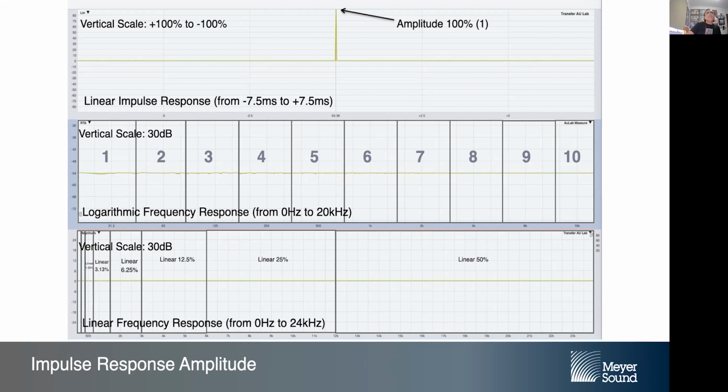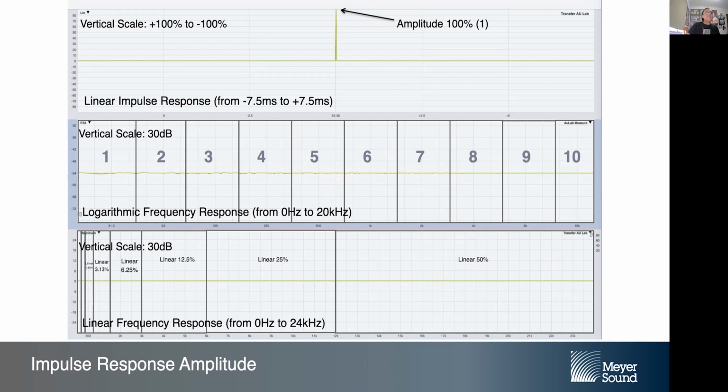But in linear domain, we are reaching the Nyquist frequency, or the highest frequency in digital, because in this case the analyzer has a 48 kilohertz sample rate. The highest frequency is 24K. So we can see that the top area is 24K, half of the graphic is 12K, and to the left another half is 6K, then another half 3K, another half 1.5K.